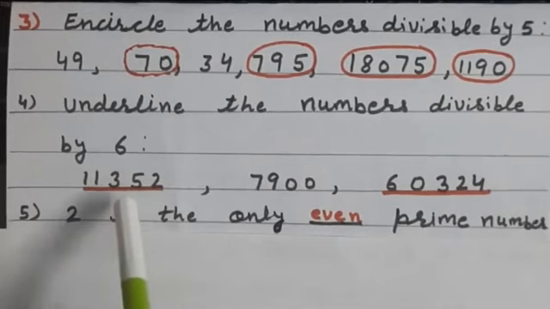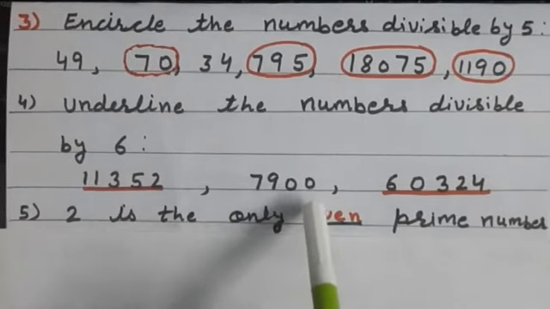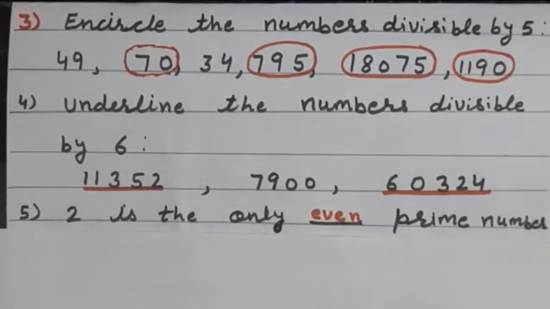Yes, underline. Underline bola hai, then you will underline only. Circle nahi. Then 7,900. Yes, it is divisible by 2. And check for 3. 7 plus 9, 16. 16 is not divisible by 3. So this number is not divisible by 6 also.